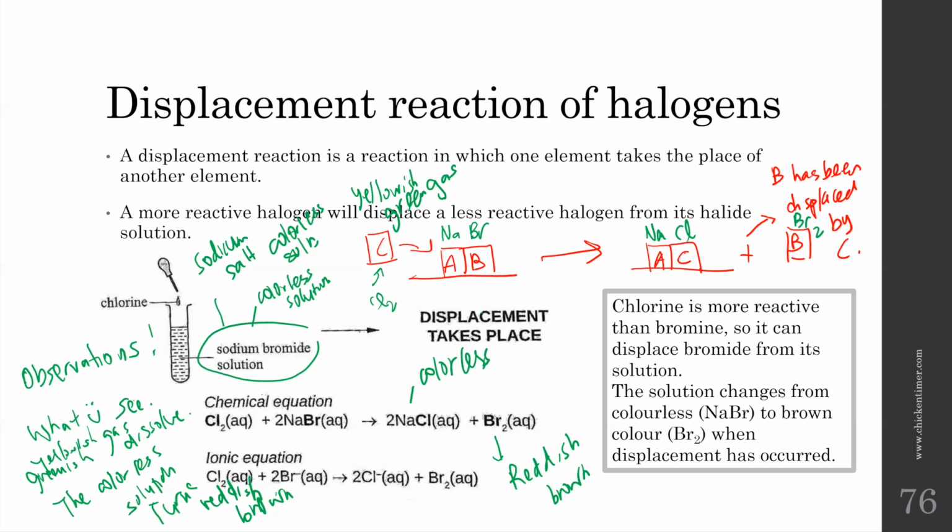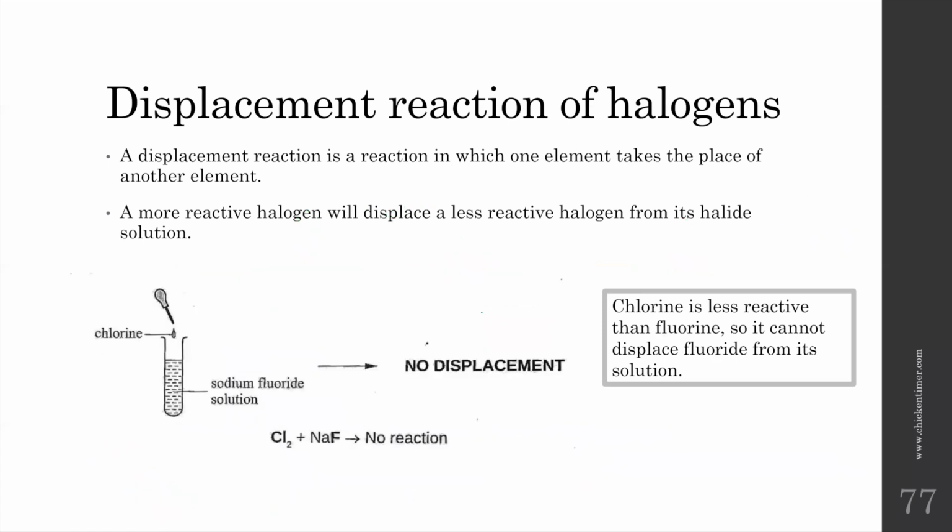So these are the two things they take note of. First, the chemical part of it. Second is the observation question. Then the second example: we have chlorine added to sodium fluoride. They would ask you to predict the outcome. You have to identify whether chlorine is more reactive than fluorine.